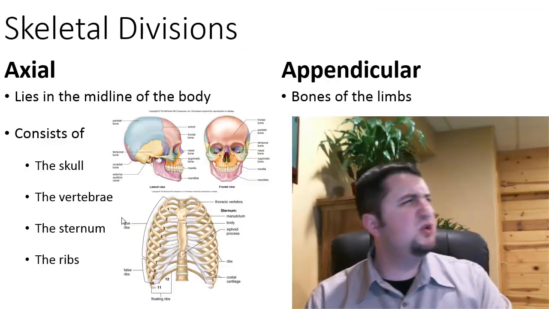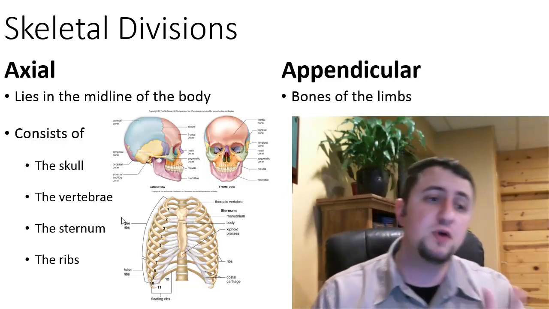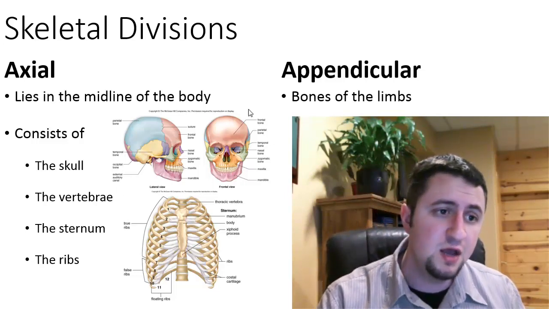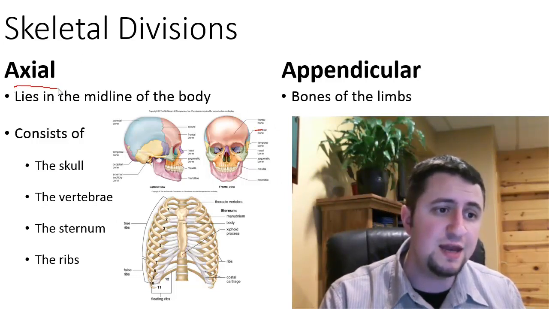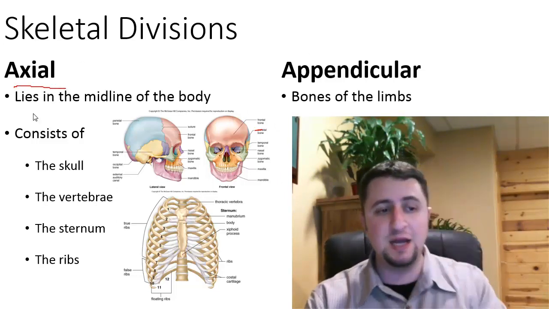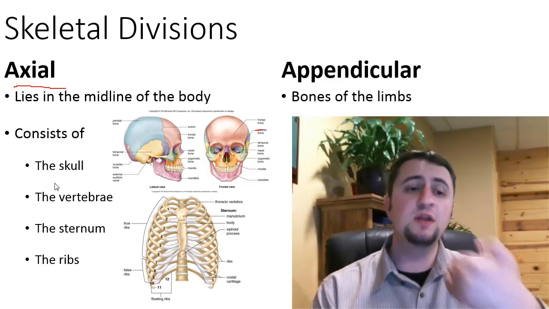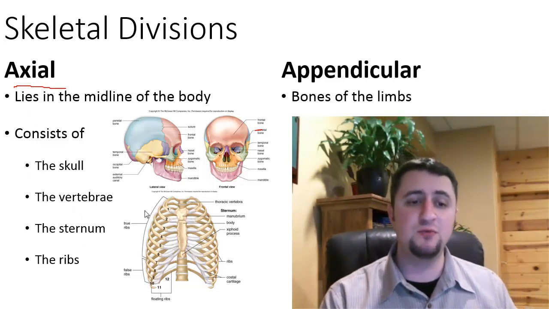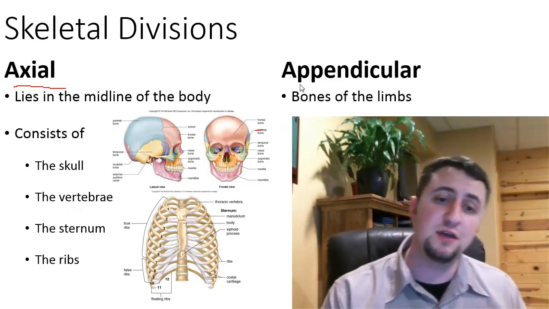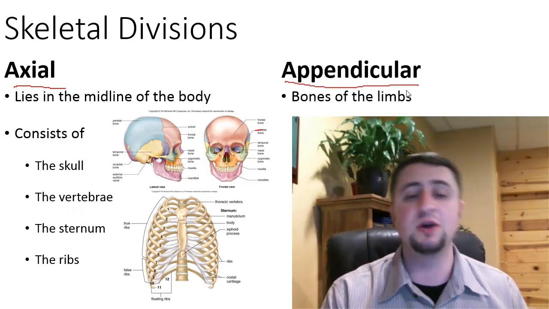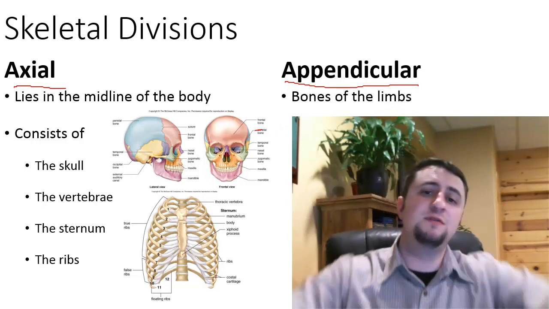There are two divisions to our skeleton that we're going to focus on. The first kind is the axial skeleton. That is the midline of our body, consists of the skull, the vertebra, and the sternum and the ribs. Then the other division of our skeleton is the appendicular division, and that is the bones of the limbs.